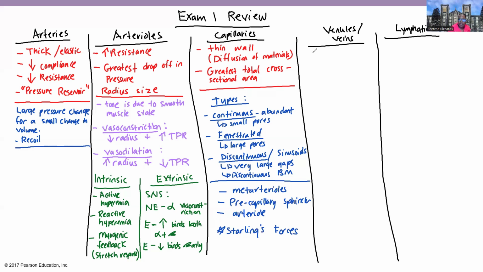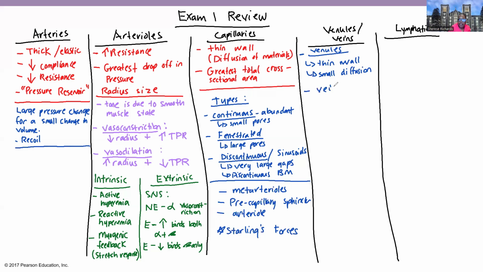Let's move on to venules and veins. First off, venules. And venules, not much to say about these at all. However, we do want to just remember that these have a thin wall, small amount of diffusion. Very similar to capillaries here for the venules.